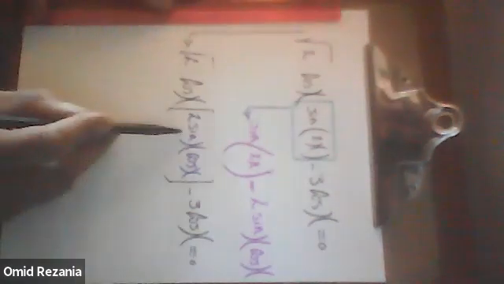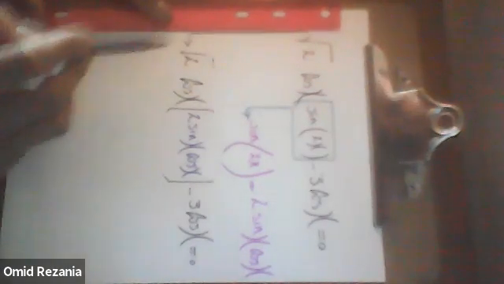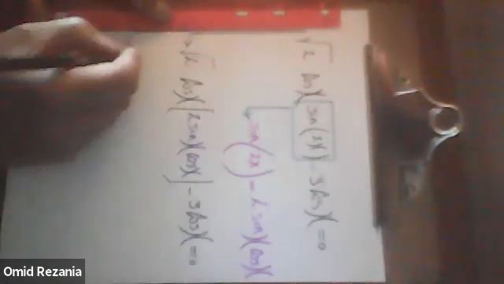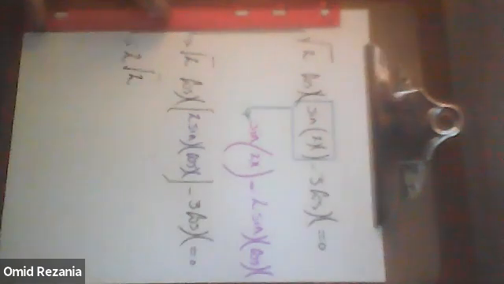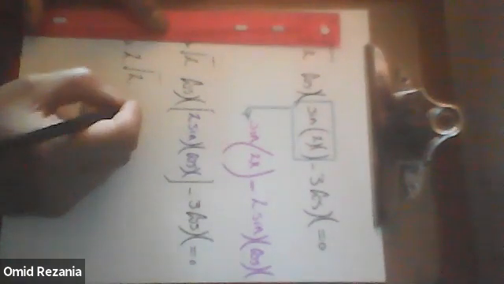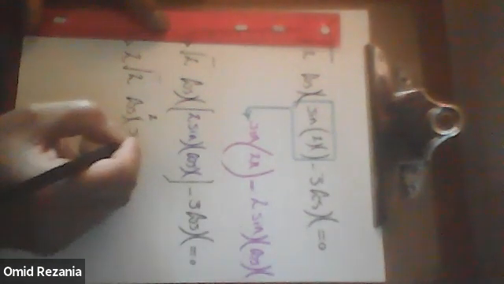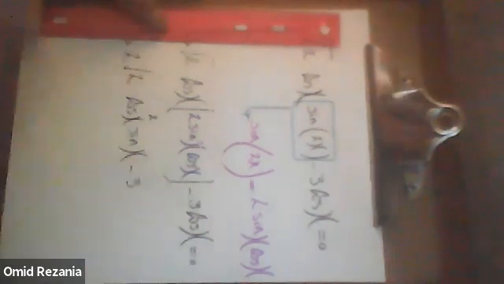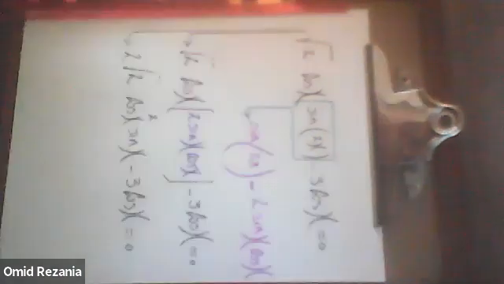Now you see that I can take 2 outside to multiply with the square root of 2. Then I can expand this into 2 times square root of 2 times cosine squared of x times sine of x, minus 3 times cosine of x, equal to 0.